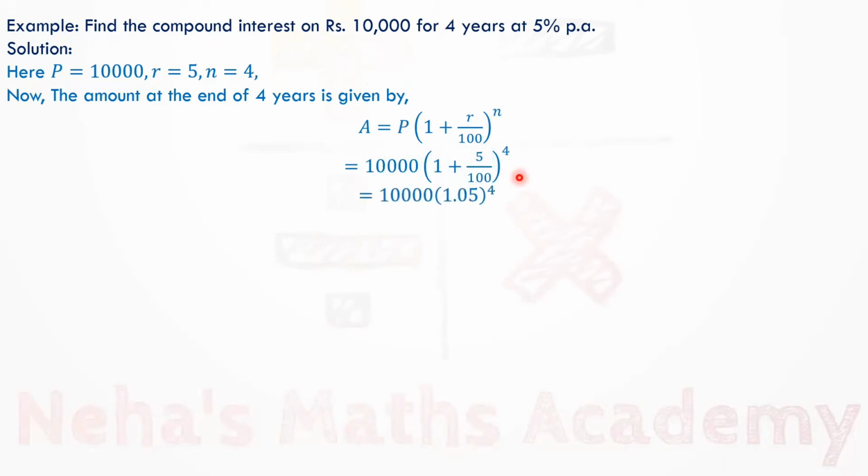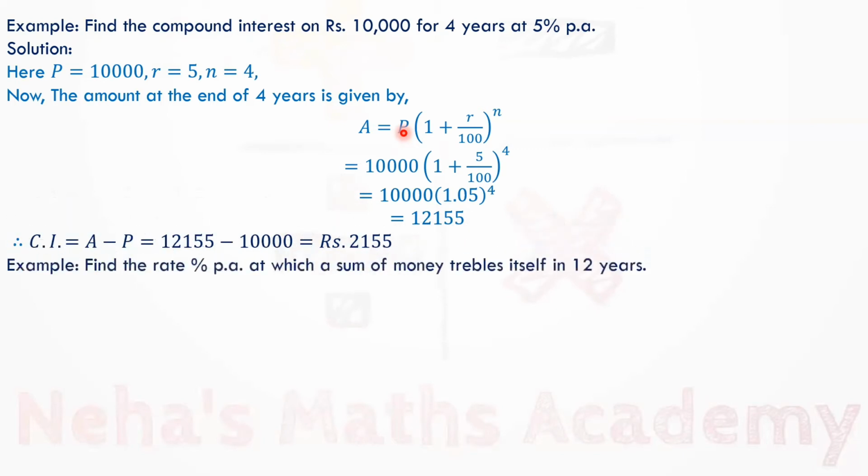So by solving this equation, we will get 12,155 as amount. But remember, we have to calculate compound interest. So compound interest is A minus P, that is amount minus principal. So 12,155 minus 10,000 is rupees 2155. So our required answer is rupees 2155.